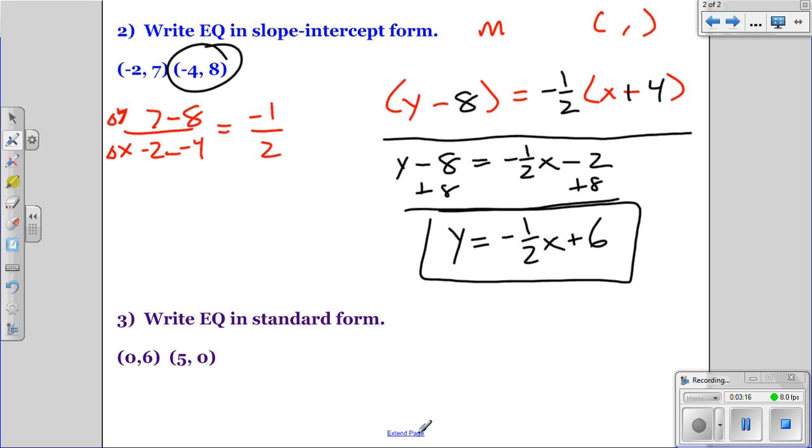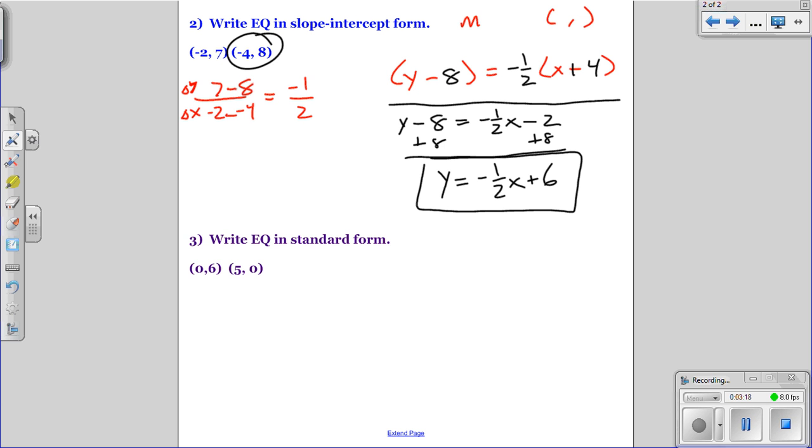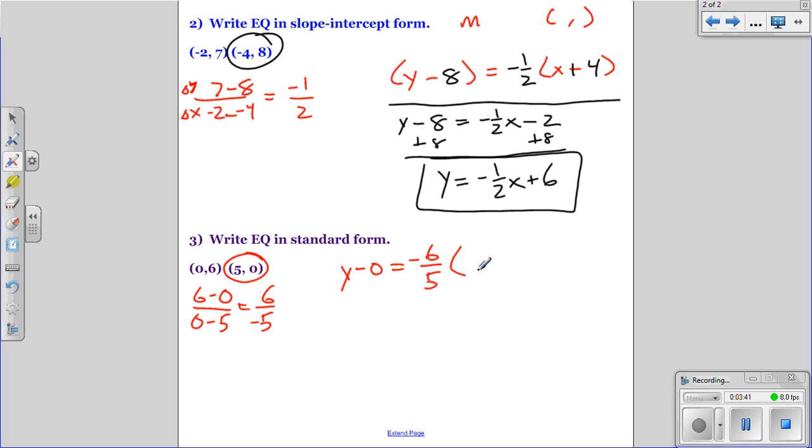Now let's go ahead and do standard form for this last one here. So again, I'm going to find the slope. So I'm going to do 6 minus 0, and then 0 minus 5. So we have 6 over -5. Okay, so we have y, I'm going to pick this point here, y minus 0 equals -6/5 times x minus 5.